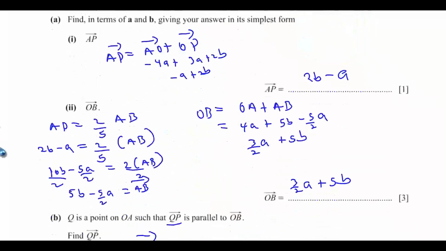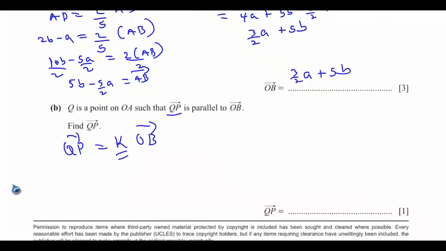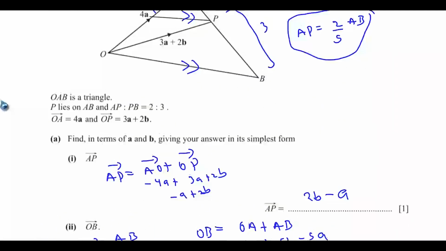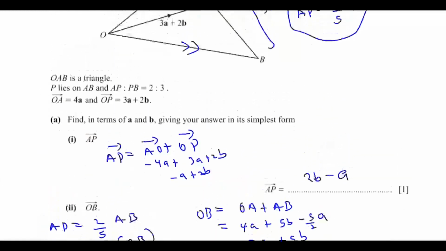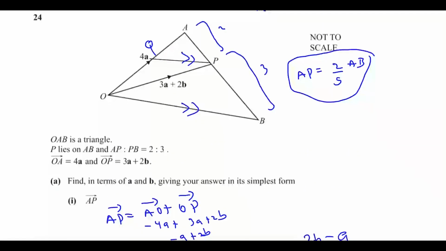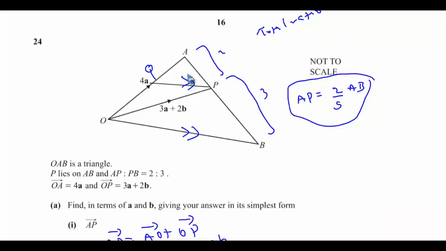If you know how you can get K here, you can comment in the comment section below this video. But for me, I'm not going to use this because I don't know how to get the value of K from this. Instead of that, I will use the corresponding ratios.